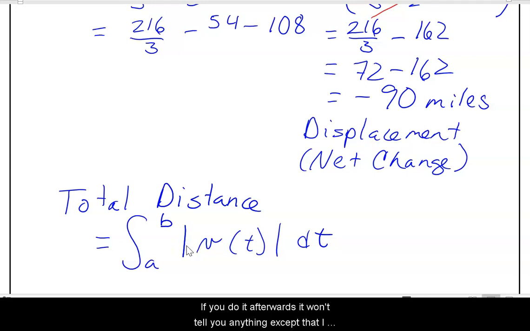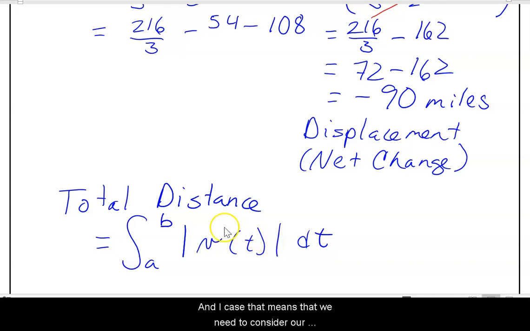If you do it afterwards, it won't tell you anything except that I am 90 miles from Denver, but won't indicate north or south. It does not give me the total distance. To get total distance, the absolute value must be done on the integrand before you integrate.